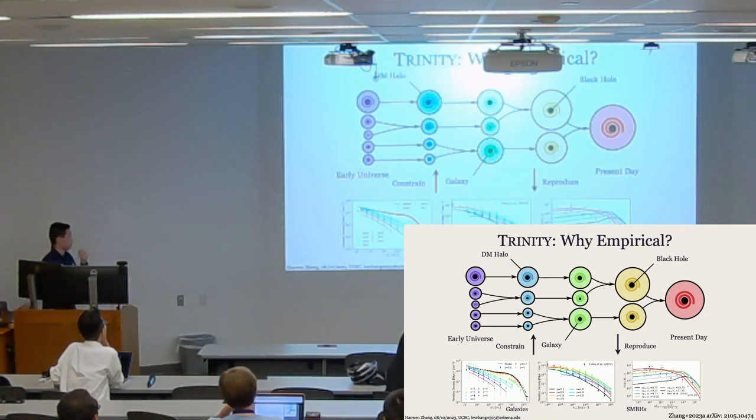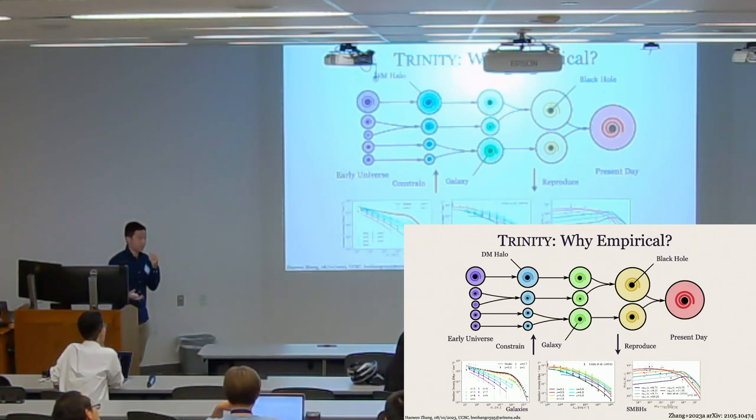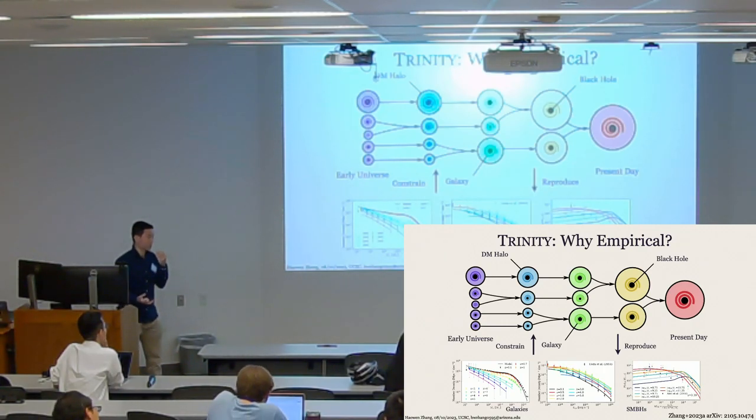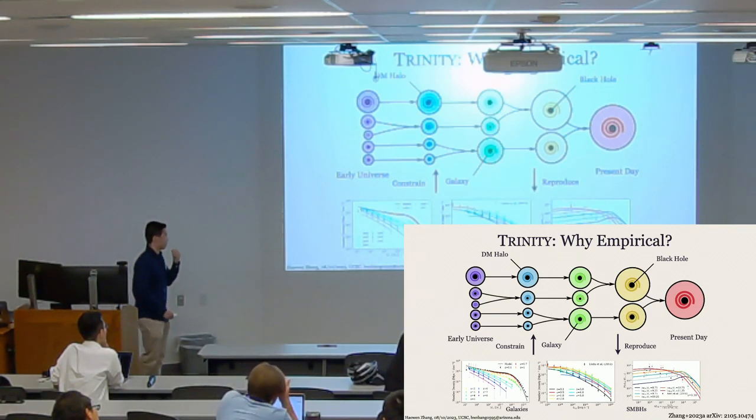And another advantage of empirical models is that they usually come without any assumptions about the underlying physics in the galaxy versus black hole interaction, which we typically have to make assumptions for when implementing subgrid physics in simulations.